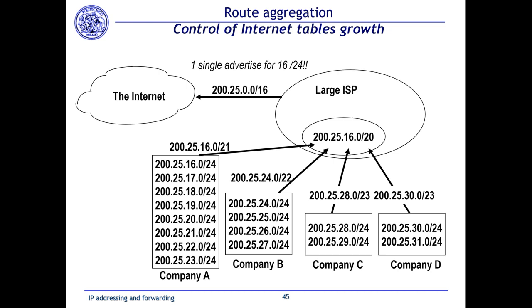Let's assume that you have an internet service provider. This internet service provider is large and it has both business customers and residential customers. And then among the business customers, it has, for example, these four companies, company A, B, C and D. So each of these companies must have a network to be allocated.